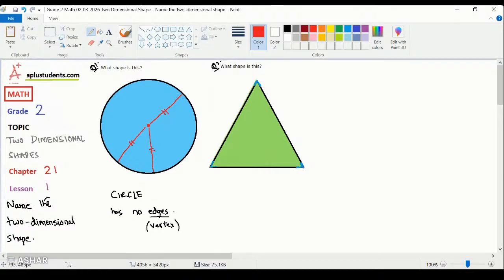So we say a shape with three sides or three vertices is known as a, what is the name of the shape?